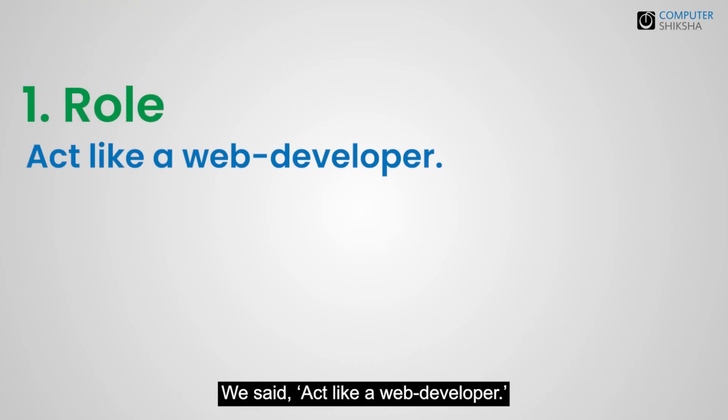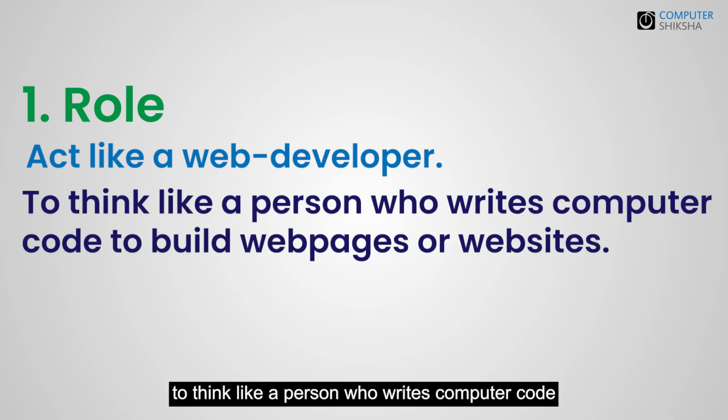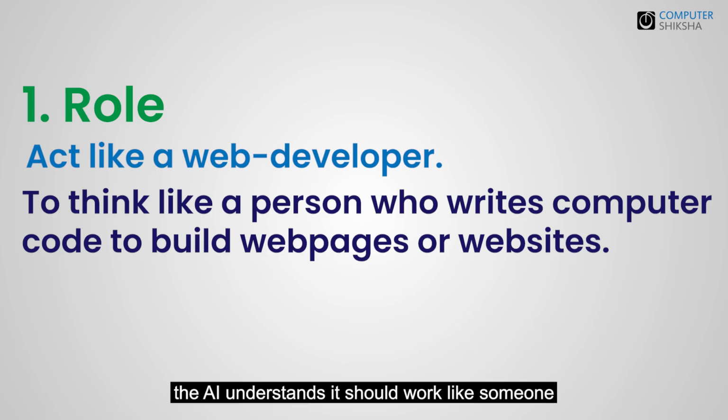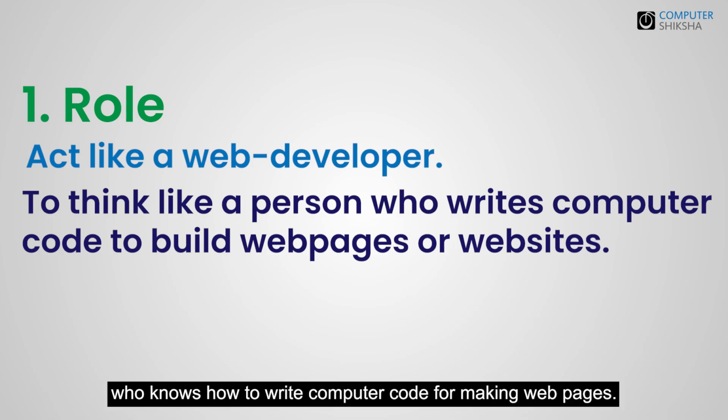We said, act like a web developer. This means we want the AI to think like a person who writes computer code to build web pages or websites. So when we say web developer, the AI understands it should work like someone who knows how to write computer code for making web pages.